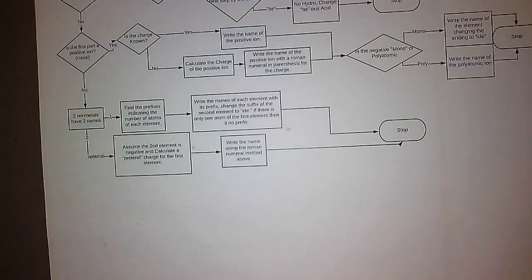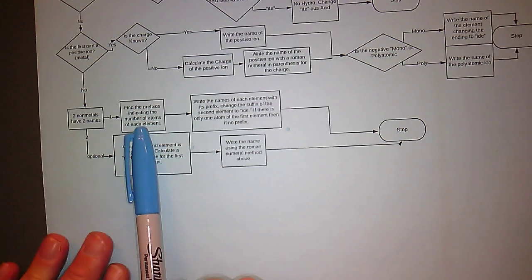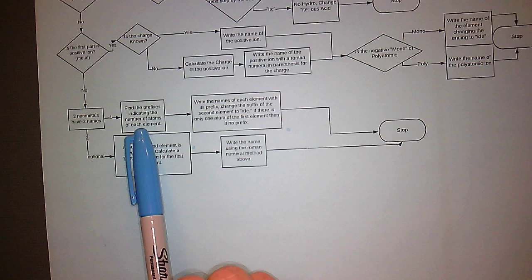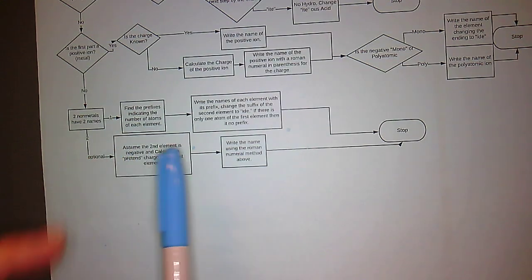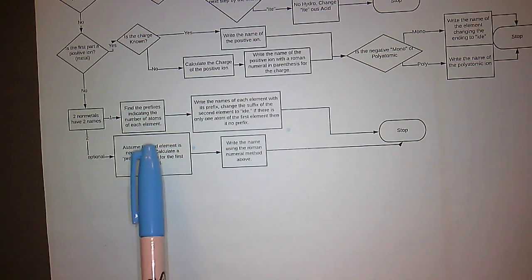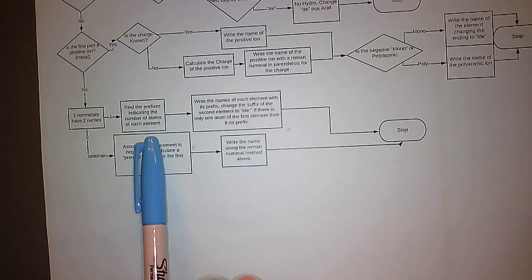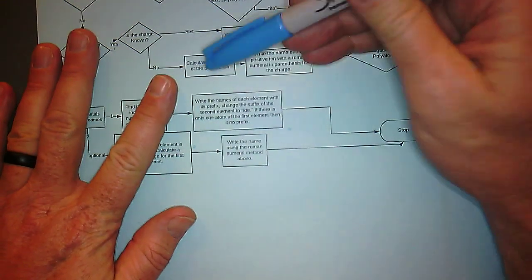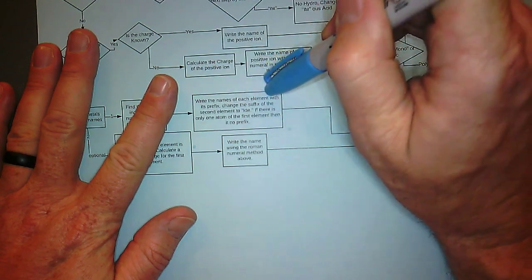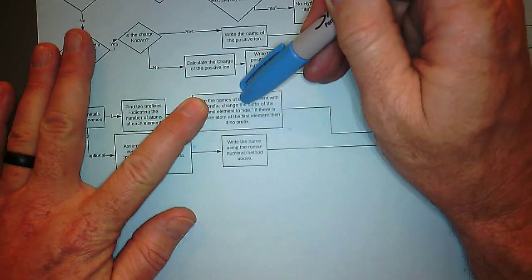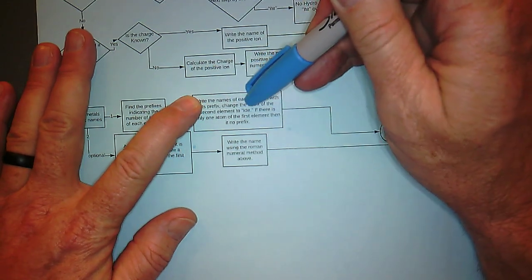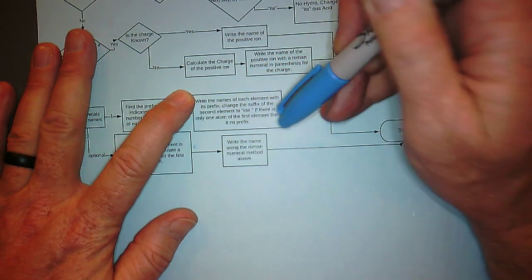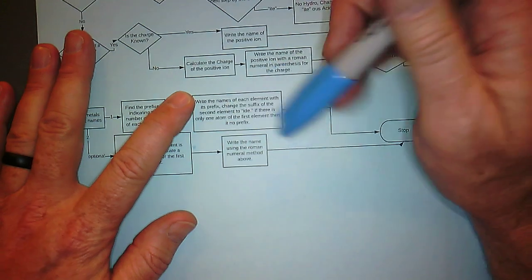So the first method is to identify the prefixes indicating the number of atoms for each element. We write the names of each element with its prefix, change the suffix of the second element to IDE, and if there's only one of the first element, you do not have to put a prefix on it.